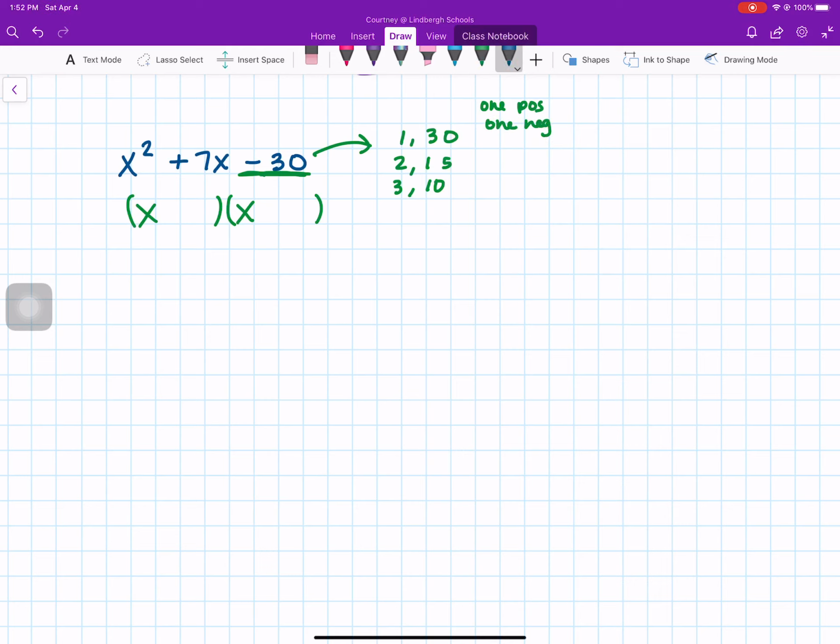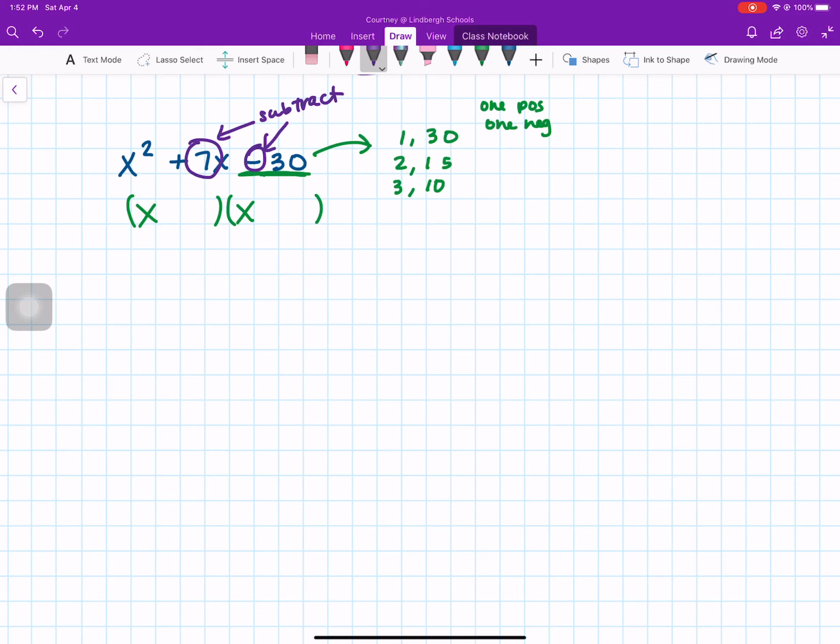I just have to assign them appropriately. So looking here, I'm looking for numbers that are basically going to subtract to 7 this time, because that's a negative. So instead of numbers that multiply to 30 and add up to 7, I want numbers that multiply to 30 and subtract to 7.